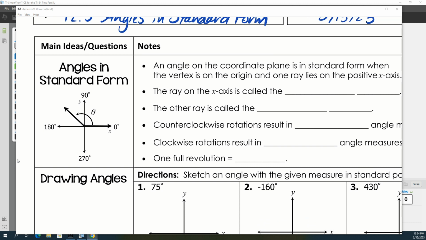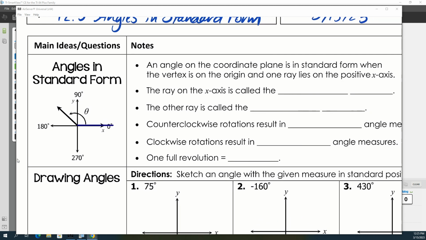So it's like we would take this ray and we're going to rotate it around to form an angle. I know that's different than what you're kind of used to with angles.